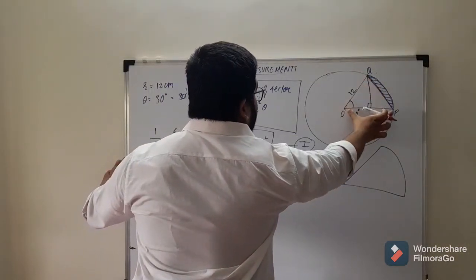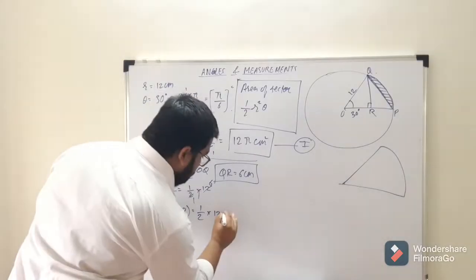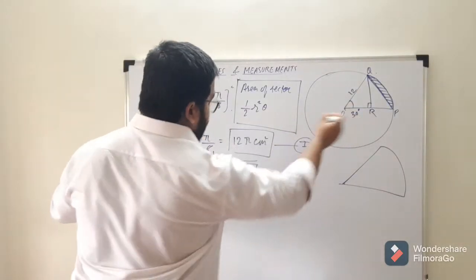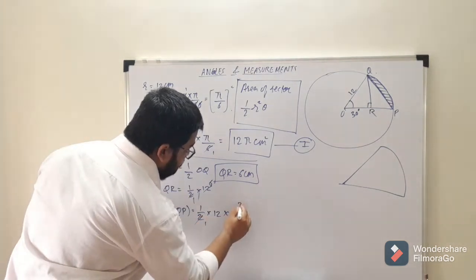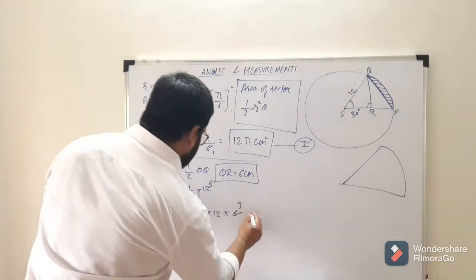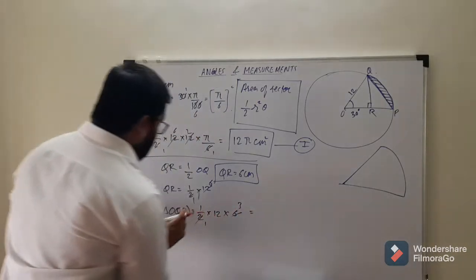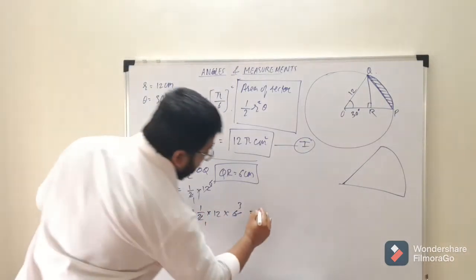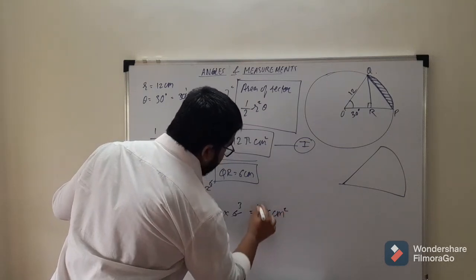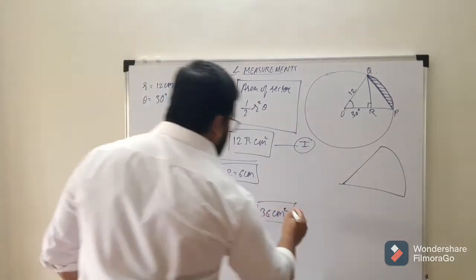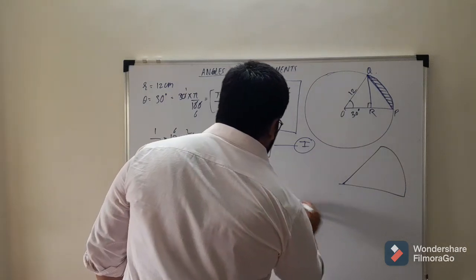If this is 12, then this will also be 12. So 12 into the height is QR, so the height is 6. So 12 into 3, 36. So the area of triangle OQP is 36 centimeters square. Okay, this will be our equation 2.